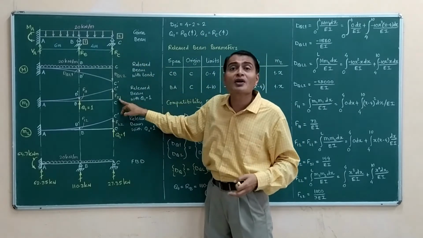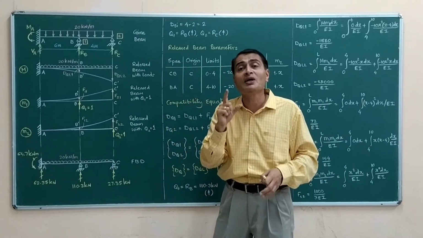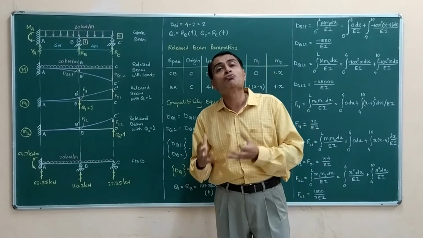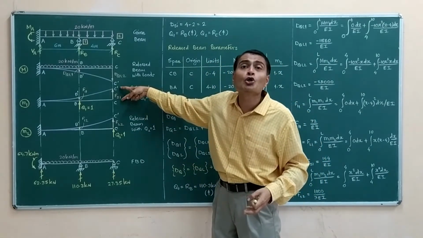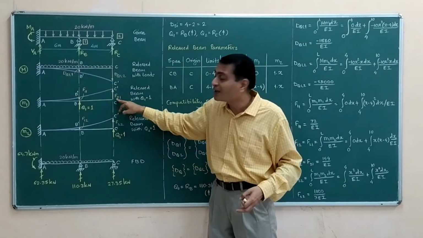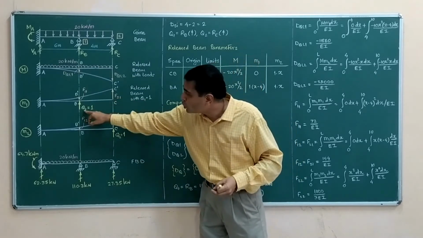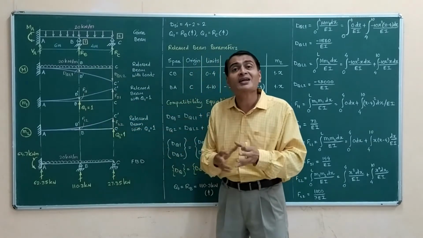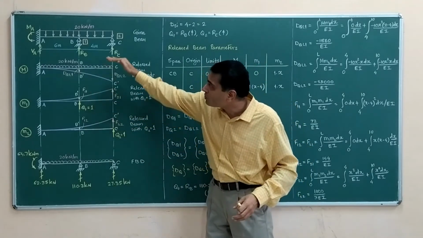So this particular displacement, or rather deflection, not slope but deflection, I am defining as F21 for the simple reason that it is displacement at node 2 due to unit load at node 1. Displacement or flexibility at node 2 due to unit load at node 1. That is why I am calling it F21. This is my second part of the superposition.